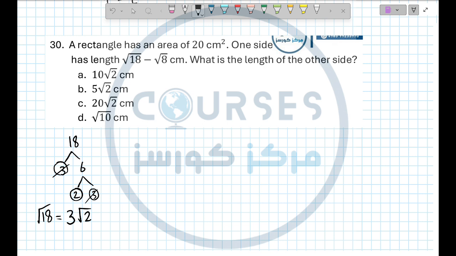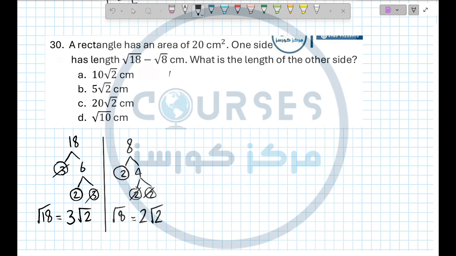Let's do the same with the 8. The 8 is 2 times 4. The 4 is 2 times 2. Take what's repeated twice outside, so square root of 8 equals what's repeated twice, take it once, what's left not repeated, keep it under the root.